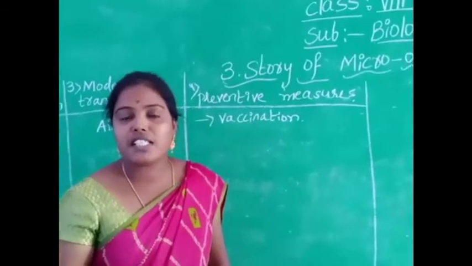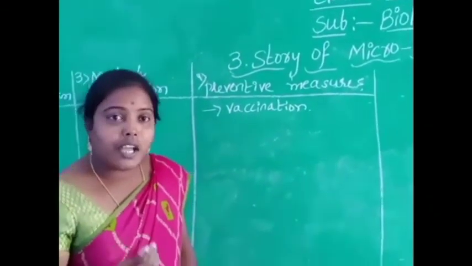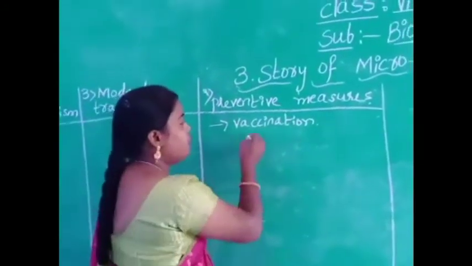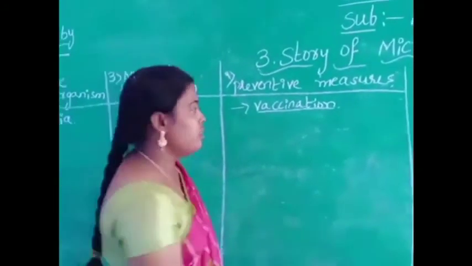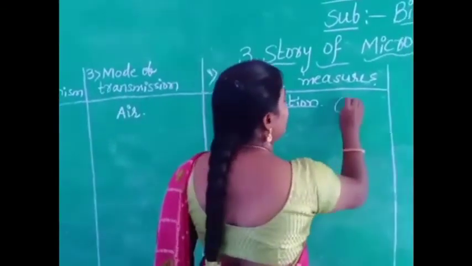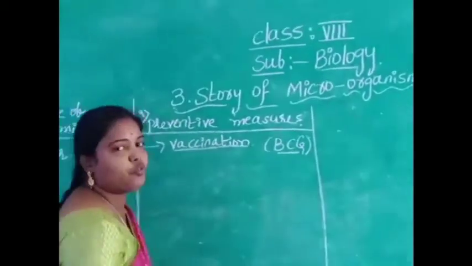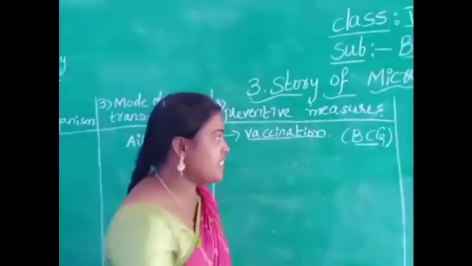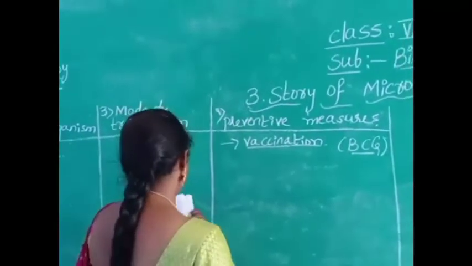If we take the vaccine, the disease will not come to us for a lifelong time. So by taking vaccination, we can prevent tuberculosis. What is the vaccine we take? BCG, very important. Which vaccine is useful to control tuberculosis? BCG.